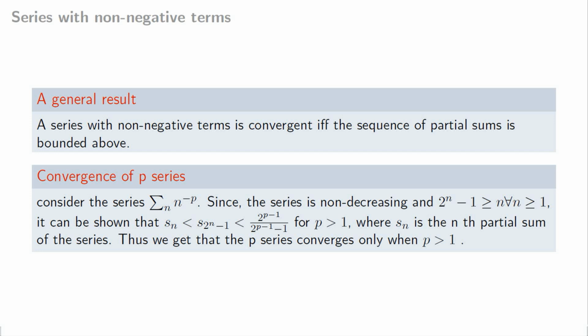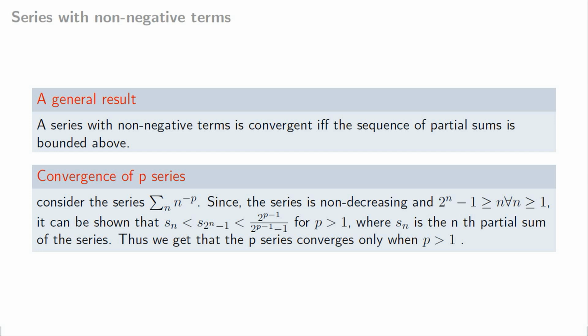If we consider the partial sums, we find that the partial sums are non-decreasing, and one can easily prove the inequality that 2 to the power n minus 1 is greater than or equal to n for every n greater than or equal to 1. This can be proved by expanding (1 plus 1) to the power n minus 1 in binomial series, and then omitting the unimportant terms.